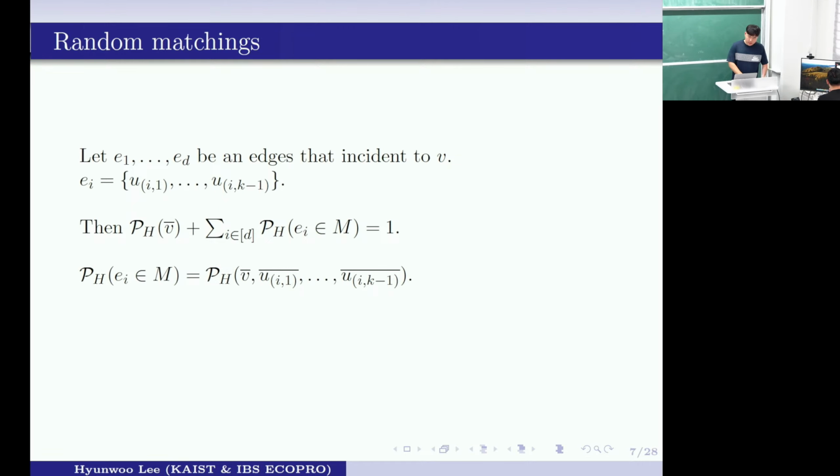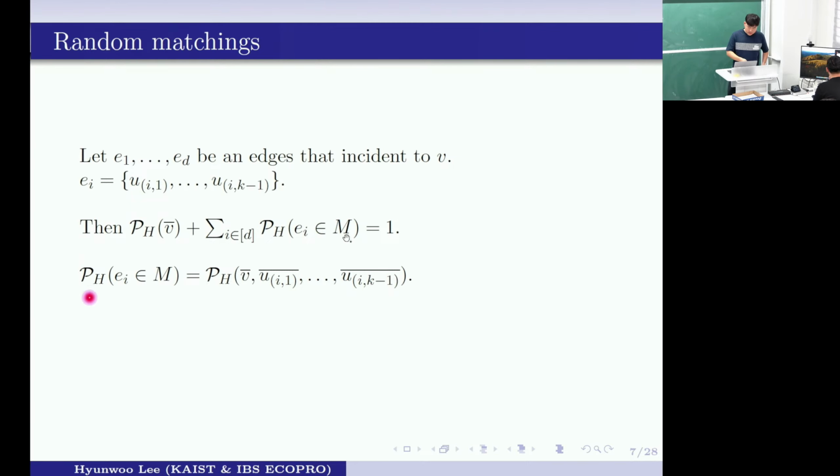And also we can estimate this probability. The event that some edge E_i is contained in a random matching is exactly the same as the event that the vertices consisting of this edge simultaneously are not covered by the random matching, because there is a bijection between these two events.